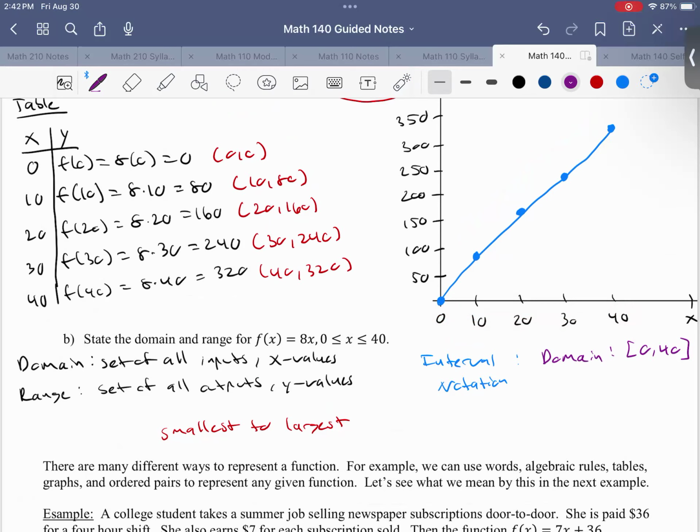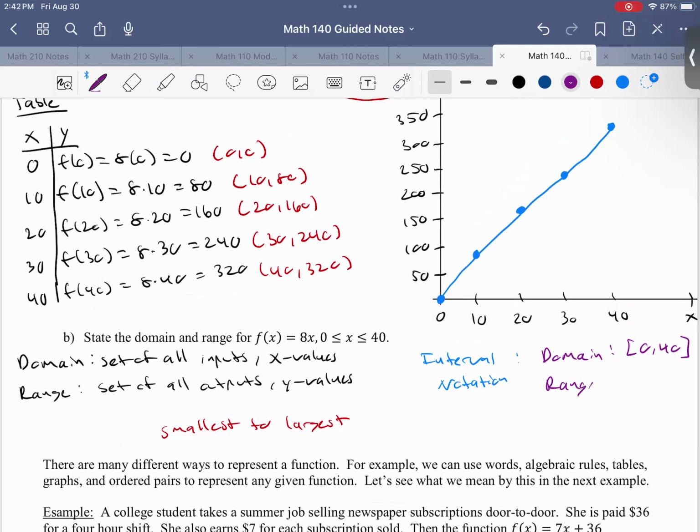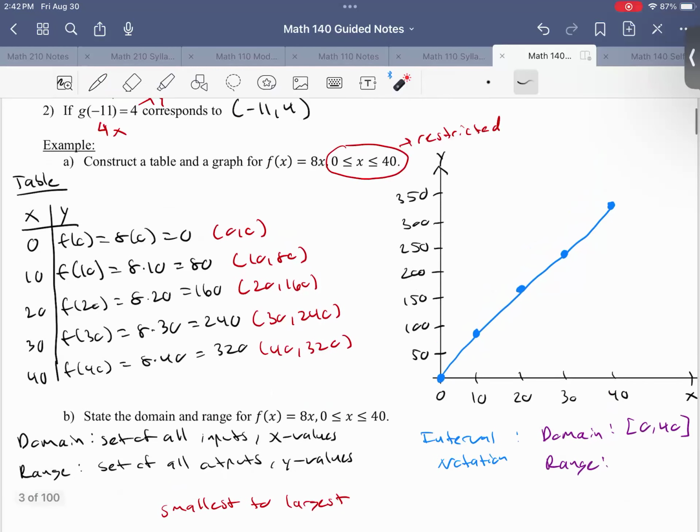Okay. And likewise, range is the set of all outputs, y values. So still going from smallest to largest, right? What's the smallest we can go? Well, the smallest we can go is 0. And what's the highest we can go?